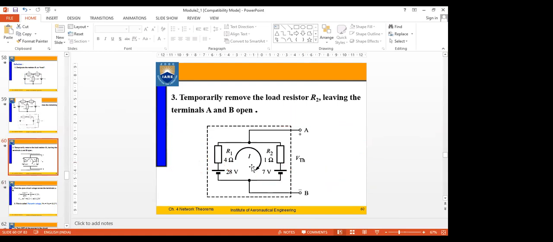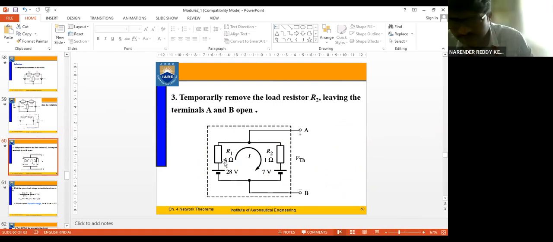So write the KVL equation for this loop, starting from here. So where do we start? We start from here, okay? Since I'm starting with minus, I take it as minus 28, right? Plus, since the current is flowing in this direction, I consider this to be plus and minus, right?